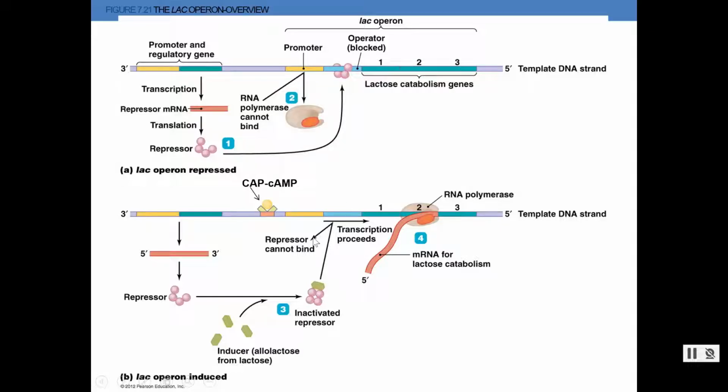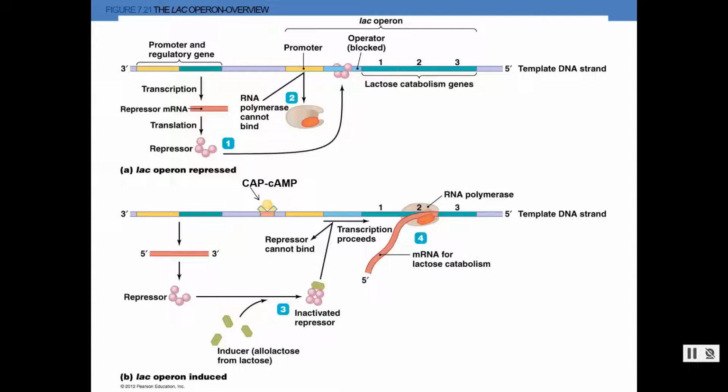So the repressor can't bind. So what happens now? Well, now my RNA polymerase can bind to the promoter and transcription can occur, and I can make the mRNA, which will then get translated into 3 different enzymes that this cell needs to break down lactose. So this is an example of an inducible operon.